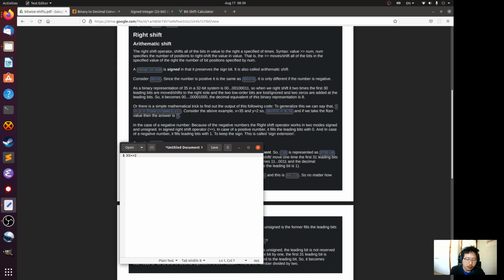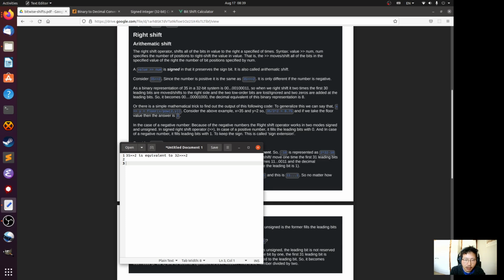This is equivalent to 35 right shifted by 2, but this time with logical shift. Okay, so of these operators, one is arithmetic shift and another is logical shift. In this case, they are the same because it's dealing with positive numbers. The difference only appears if the number is negative.